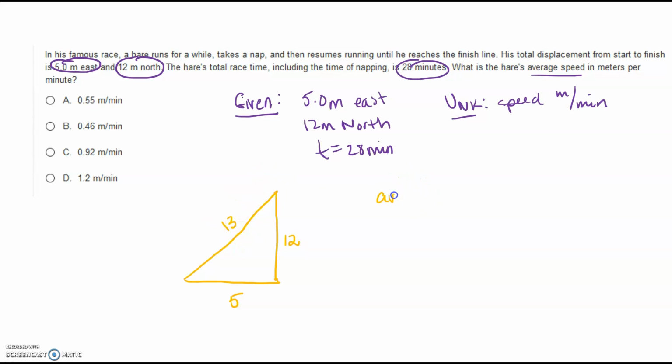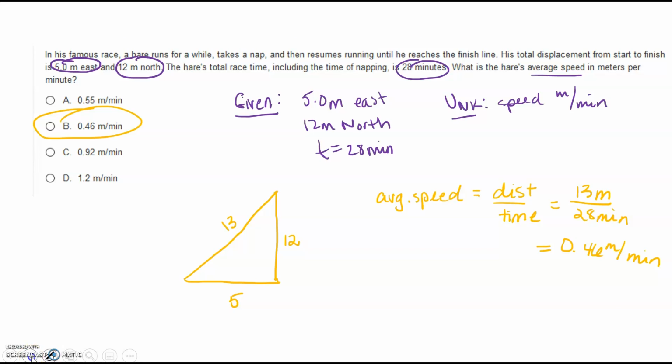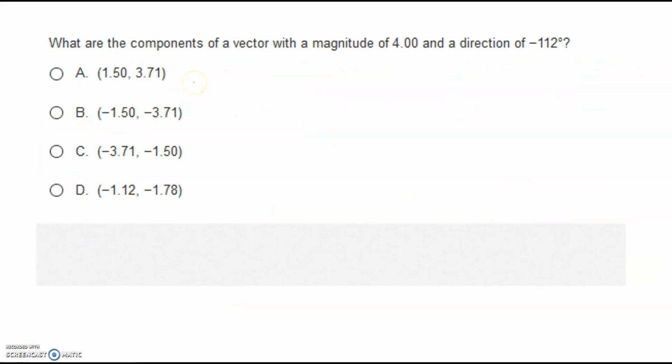But I know that average speed is going to be distance over time. So I have 13 meters at 28 minutes, and when I divide that out, I get 0.46 meters per minute, which is B. I just lost my cursor. There we go. All right.